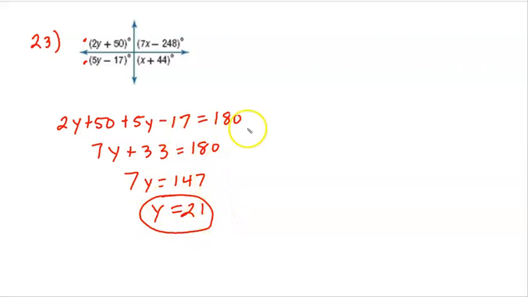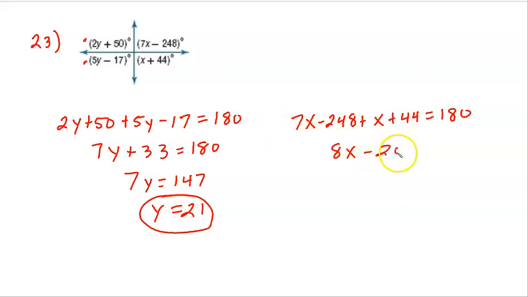So we got our value for Y, and then we'll just do the same thing over on this side for X. Add the X's, and negative 248 plus 24 plus 44, negative 204, add 204 to both sides, is 384, and divide by 8 is 48.